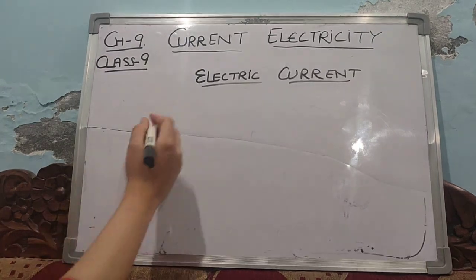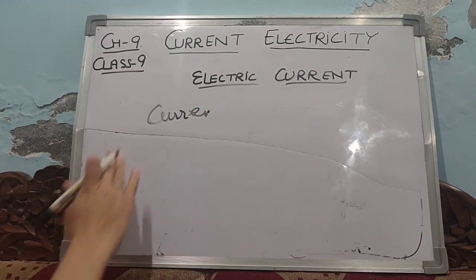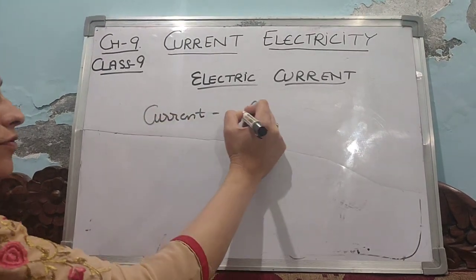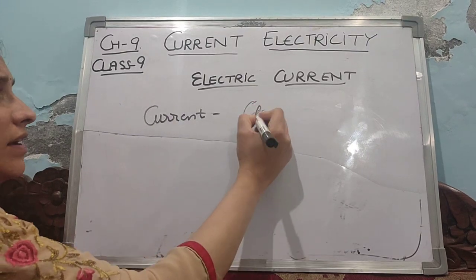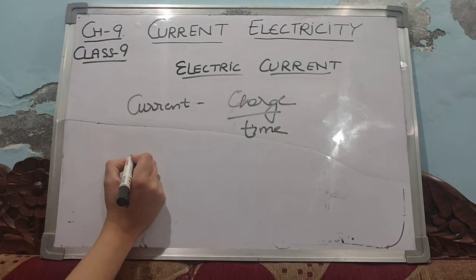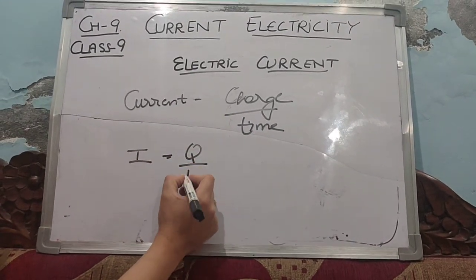Remember, current can be defined as flow of charge per unit time. We denote current by letter I, charge by letter Q and time by letter T.